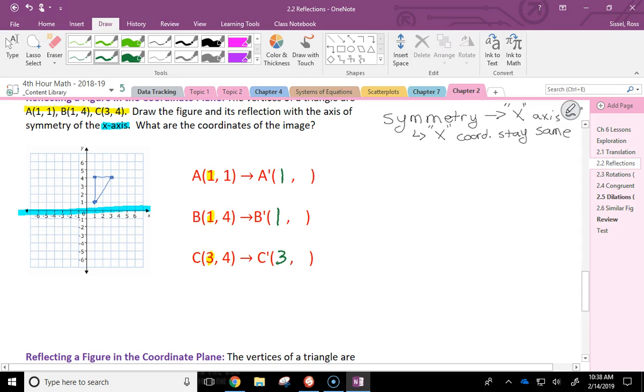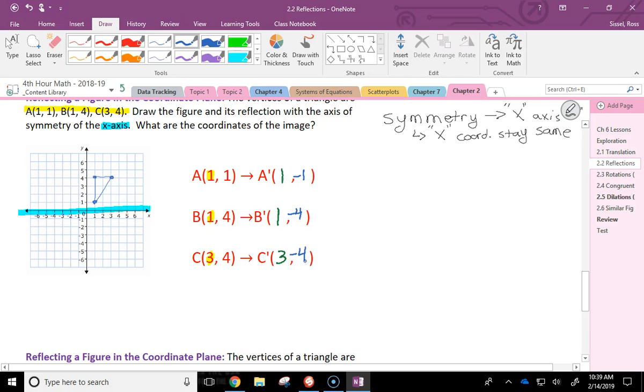What happens to my y coordinates though? They're going to switch to negative. If they were negative, they're going to switch to positive. So they're just going to flip. And let's see if this works. So if I look at these, that was 1, this should be negative 1. Oh, I don't want to use red since that writing's red. Let's use this blue. Should be negative 1, negative 4, negative 4.